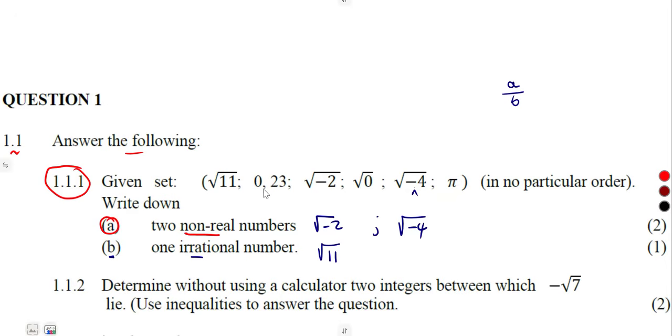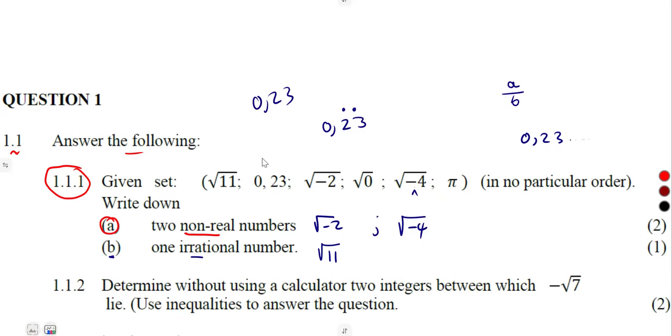This is 0.23, guys. It's not written as 0.2333 with a repetition that goes on and so on. It's just 0.23 as it is.